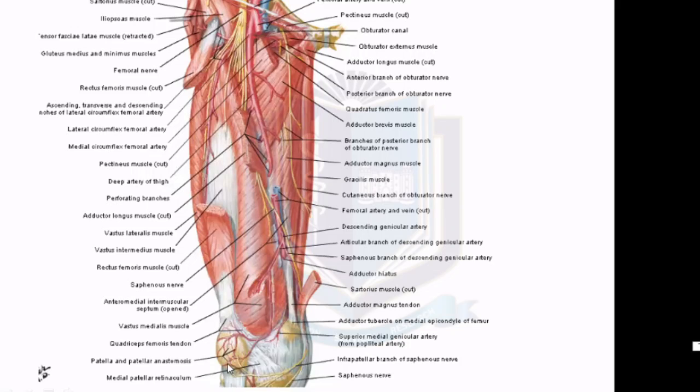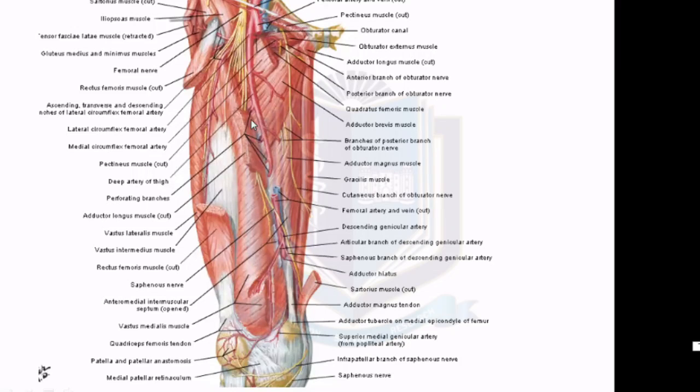We will be studying it later on. So the 4 muscles, which are the rectus femoris and the 3 vasti, are collectively called the quadriceps femoris, and you must not confuse the name with the quadratus femoris that would be present on the posterior aspect of the thigh in the gluteal region.